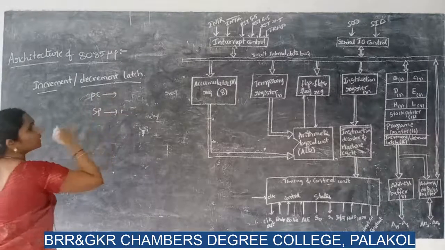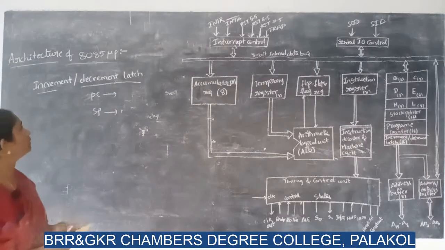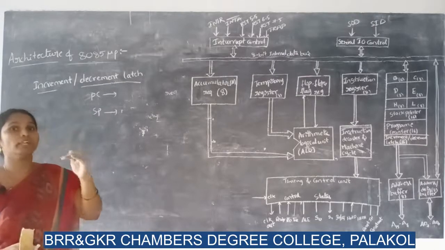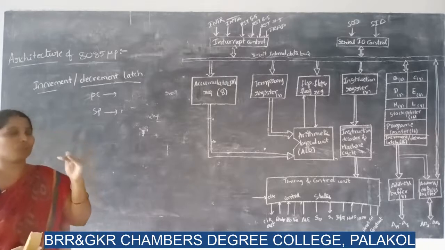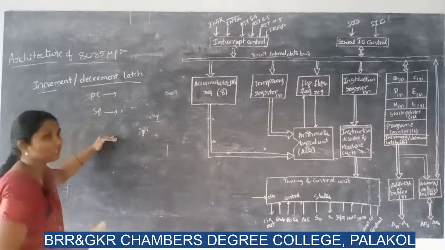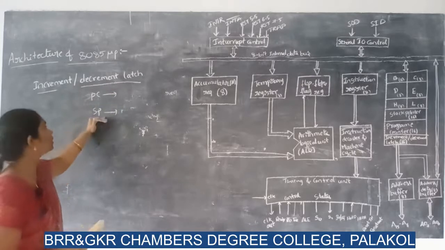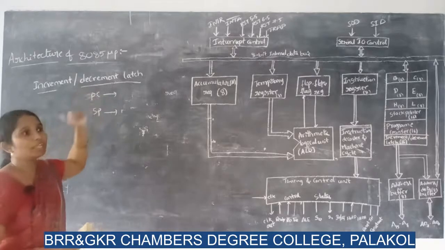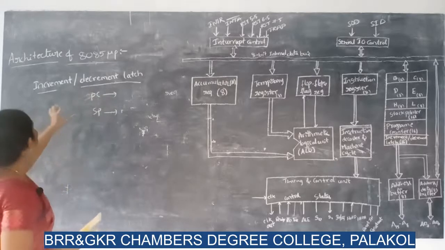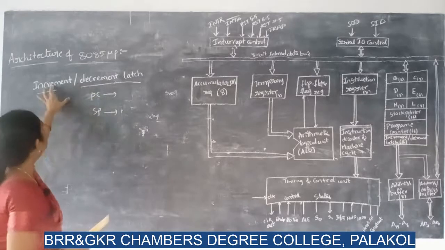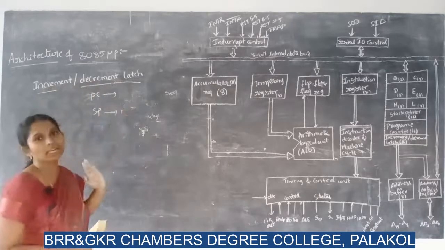Here the stack pointer stores the address of the top of the stack. So the increment and decrement latch will decrement for the stack pointer, and for the program counter it will increment the instruction. That's why the program counter and stack pointer both use the increment and decrement latch.